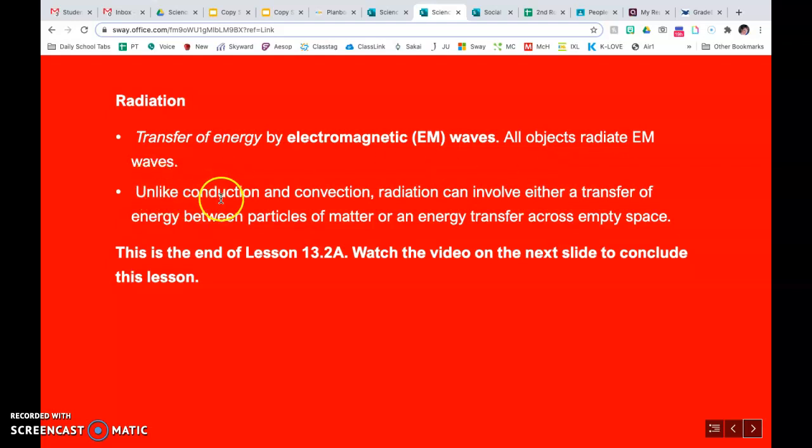But unlike conduction, direct contact, and convection, up and down, radiation can involve either a transfer of energy between particles of matter or an energy transfer simply across empty space. Think about how we get warmth from the sun here on Earth. It radiates to us. So that transfer of thermal energy from the sun to the earth is through radiation.